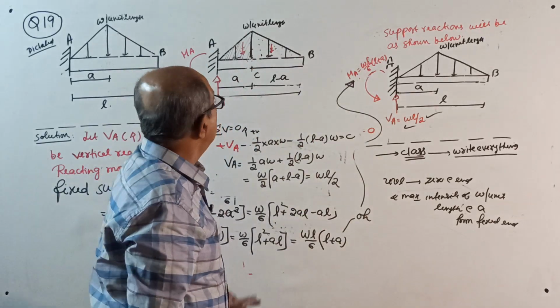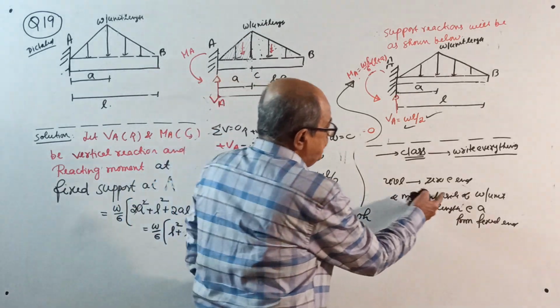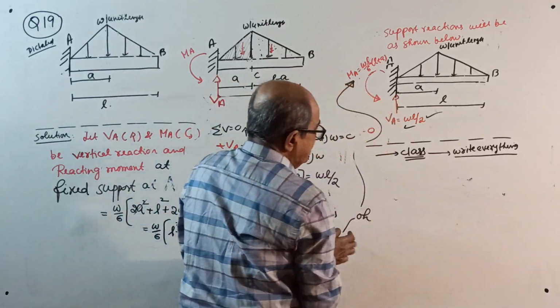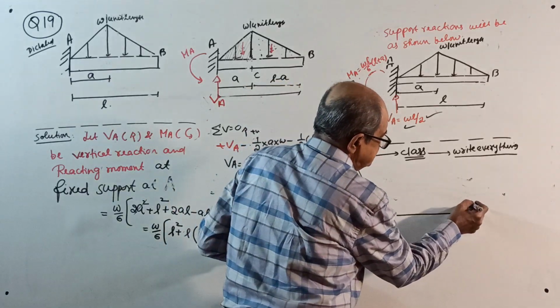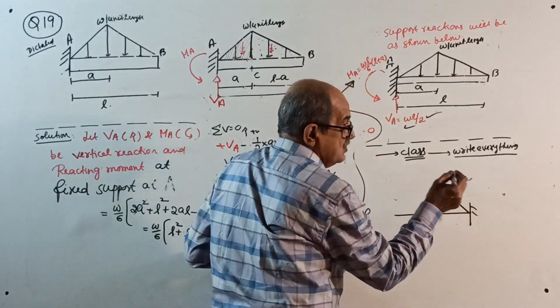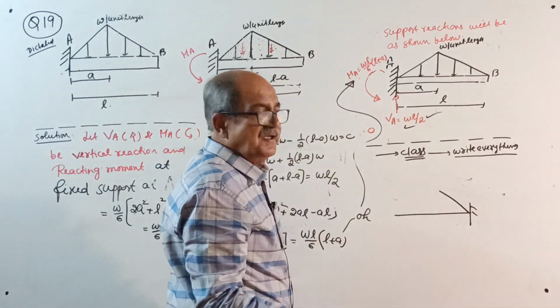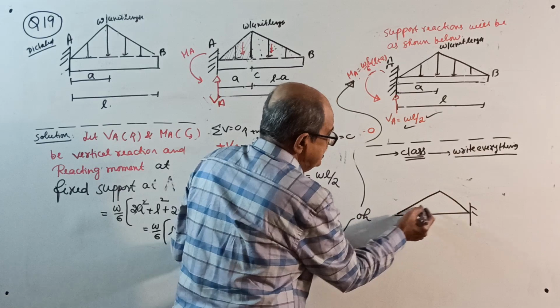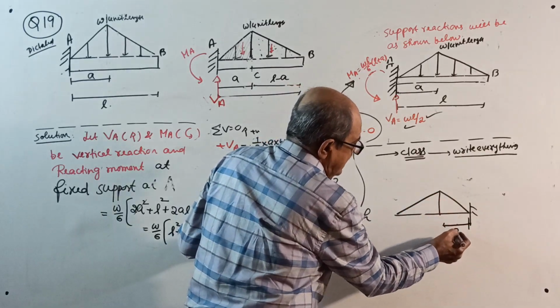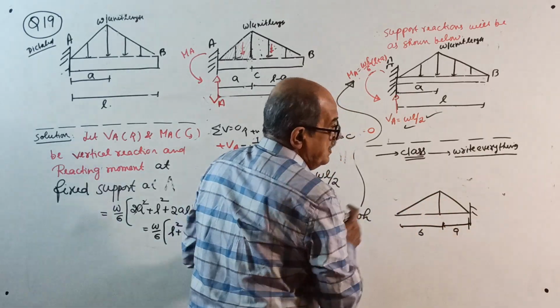Okay, this question over. Same way, see, if you want to try another way, tell what you have to do. Try it. I think I already told it now. This way you should write. See, from fixed end A, other side B, you should try this way.